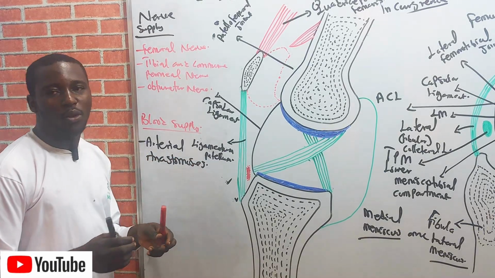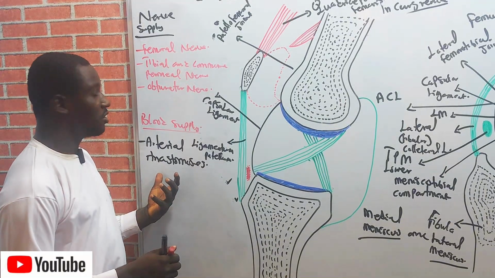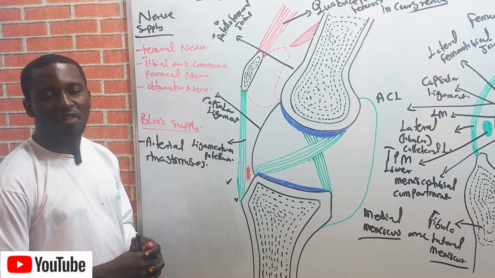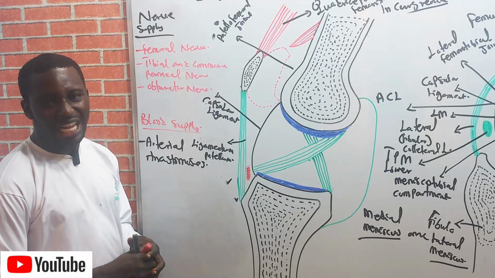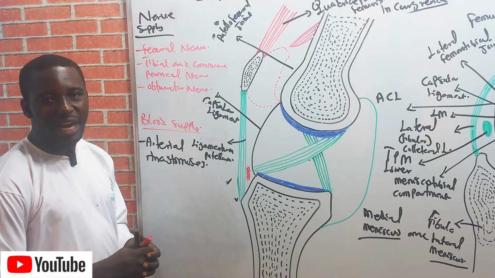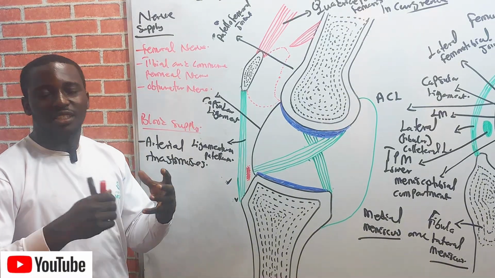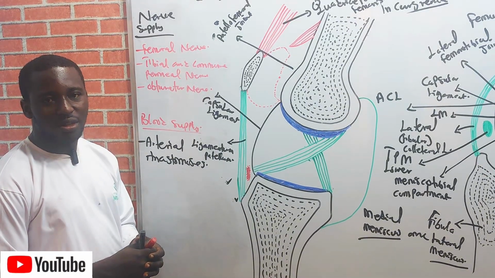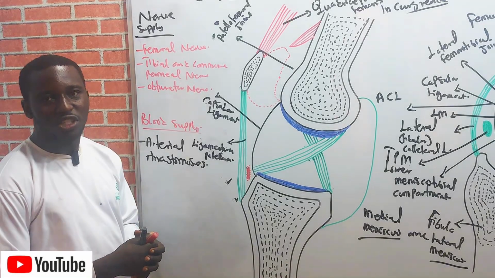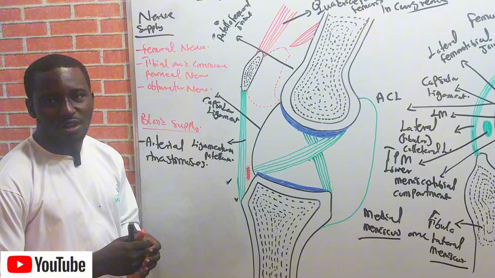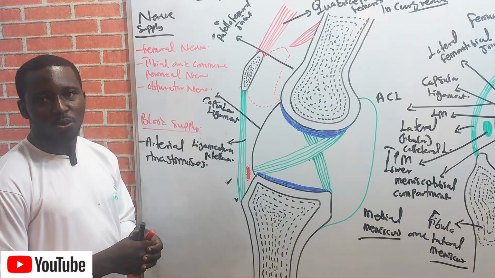There are so many groups of arteries that form the arterial anastomosis around the knee joint. We have the five genicular branches of the popliteal artery. We have the descending branch of the femoral artery. We have another artery, which is the descending branch of the lateral circumflex femoral artery.